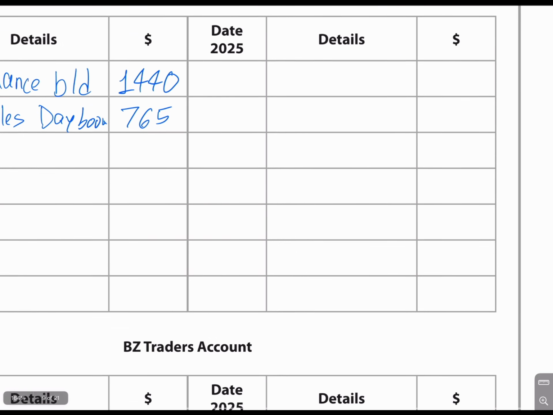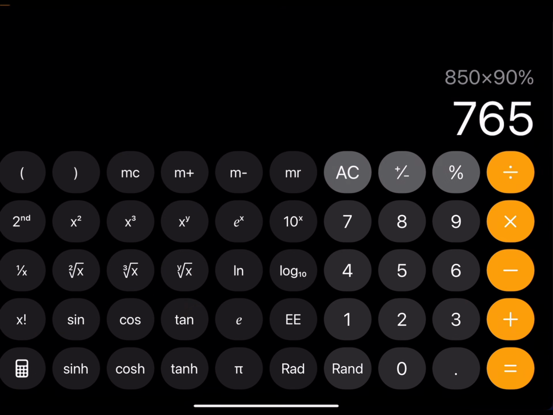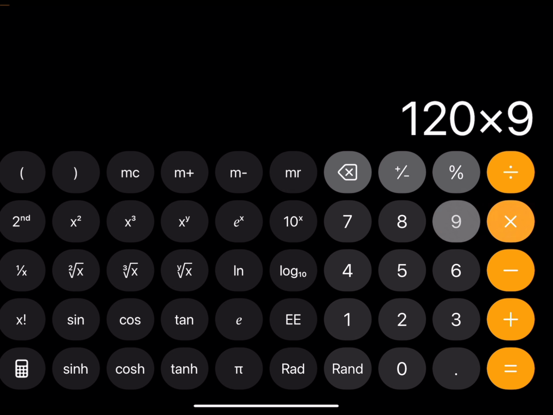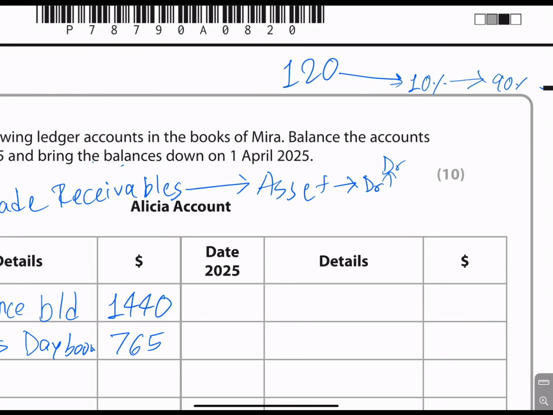So 120 is a list price. Out of this 120, 10% discount was given, so we do 90% to get the discounted rate. So 120 into 90%. You can also do it like this: 120 into 10%, you get 12. Deduct 120 minus 12, you get 108.